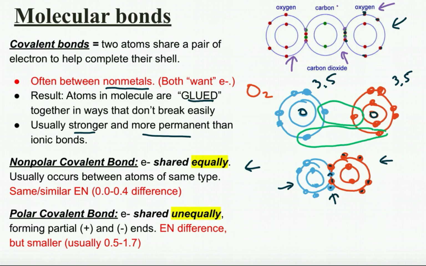So sometimes these electrons are moving around this atom, sometimes these electrons are moving around this atom. It's going to go back and forth. But if they go back and forth in equal amount, overall, the charge distribution will be equal around both of them, and there's not going to be an unfair share, and there are going to be no weird charges happening.